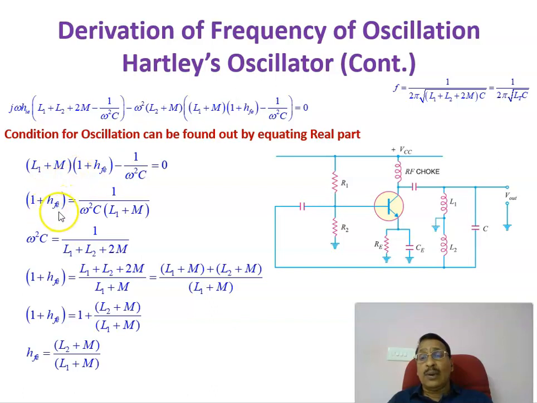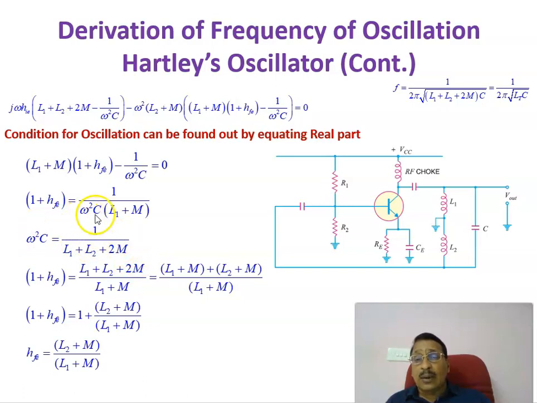Or 1 + HFE equals 1 by omega square C into 1 by (L1 + M), where omega square C equals 1 by (L1 + L2 + 2M). That we already derived.